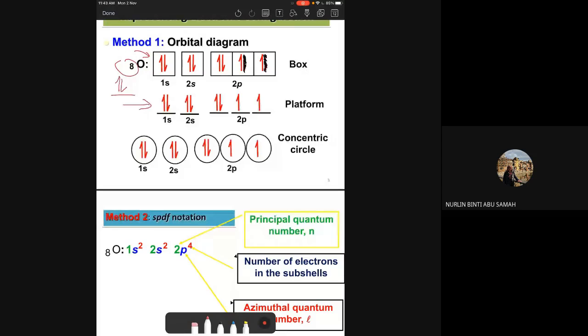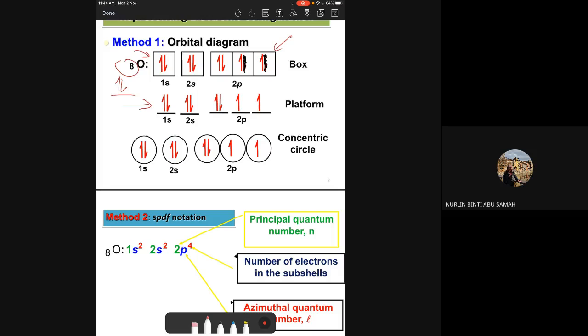So sebab tu kamu kena utamakan energy level yang lebih rendah, lepas tu elektron baru naik. The way you fill in the electron comes from the lower energy and then dia akan go through kepada higher energy. So macam contoh orbital 2p ni.